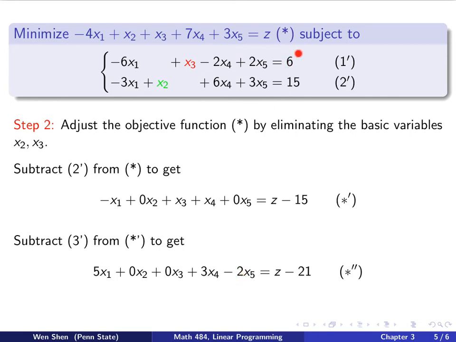And then I have -6, add on top of that, I get -21. So now this objective function becomes this. We would drop this term and this term because they're 0, and you see that now z is expressed in terms of x1, x3, x5. That is the non-basic variables.